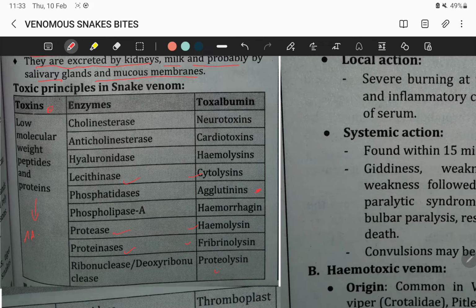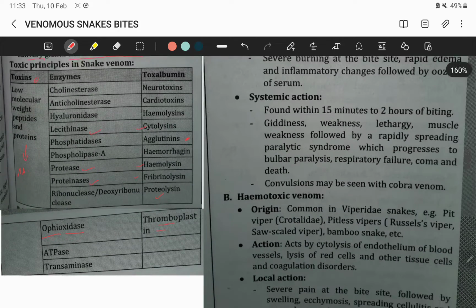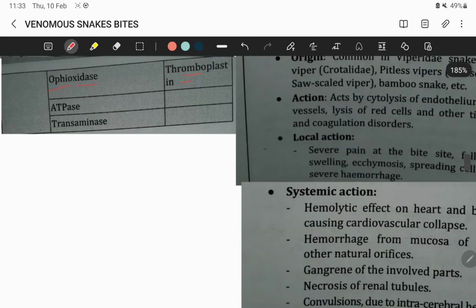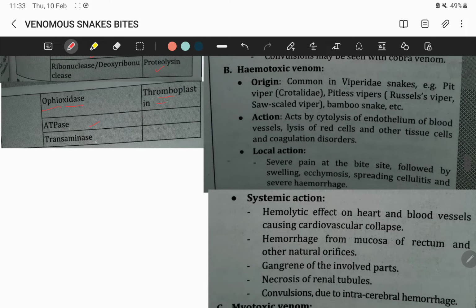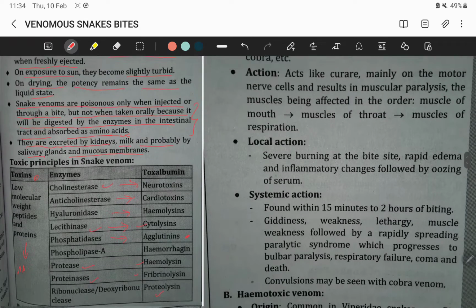Ribonuclease and deoxyribonuclease: proteolysis. Then thromboplastin, which together mess up your blood and coagulation and cause the symptoms. It also has ATPase and transaminase. You have to learn this by heart, okay: cholinesterase neurotoxin, anticholinesterase cardiotoxin, hyaluronidase hemolysin, lecithinase cytolysin, and phosphatidase agglutins.